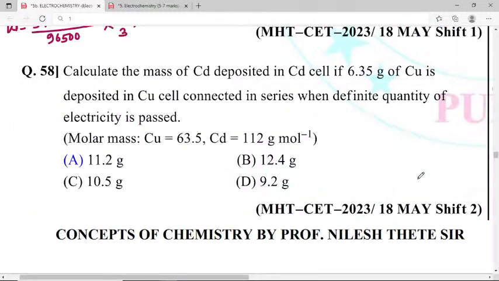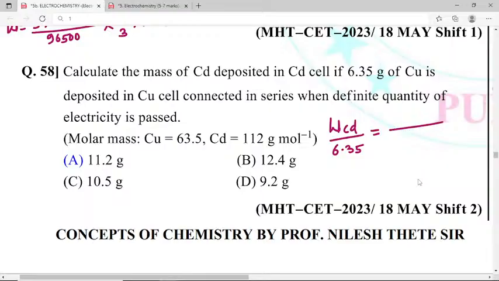Calculate the mass of cadmium deposited. Copper is deposited, a definite quantity of copper. This is a very easy question. Again, these are two different cells. Calculate the mass of cadmium. So we have to calculate W of cadmium and W of copper. Copper is 6.35.